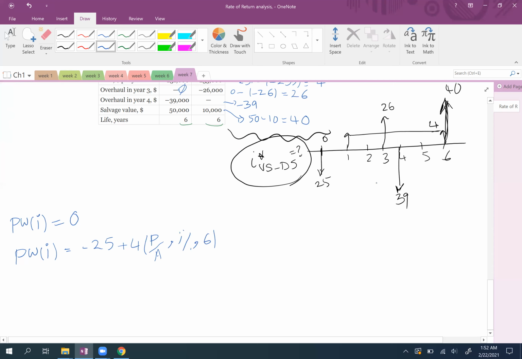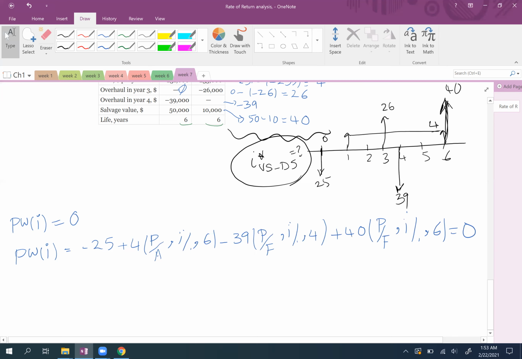I have that $39 here at time 4, which is a single cash flow in the future, shifted back to time 0, with I% and 4. And I have a $40 down there, which will be a single cash flow shifted back to time 0, set equal to 0.